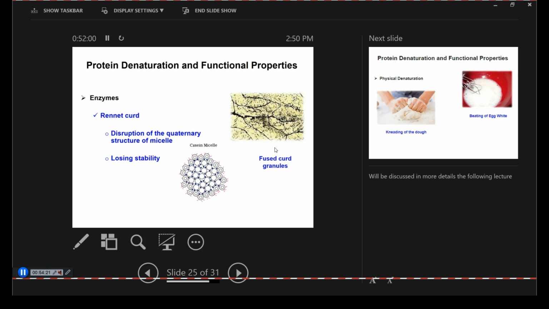This graph says water content per gram of protein. Oh, I see what you're saying. Because obviously if you have higher moisture content, you have lower protein concentration. I was asking if there's some correlation.